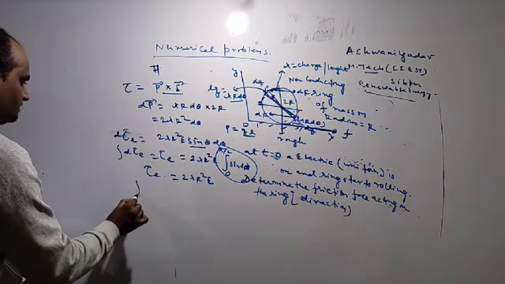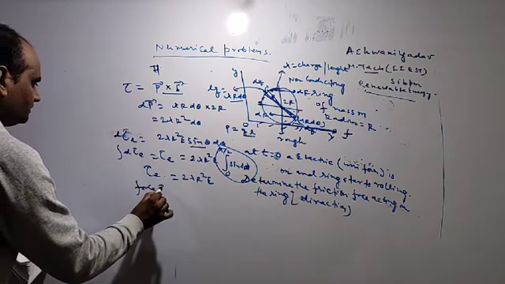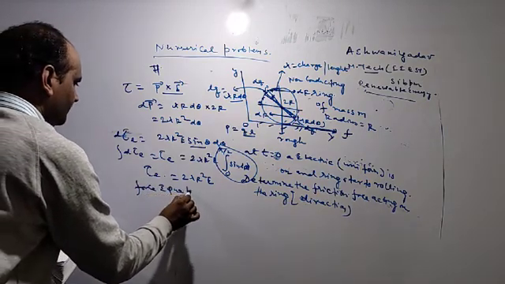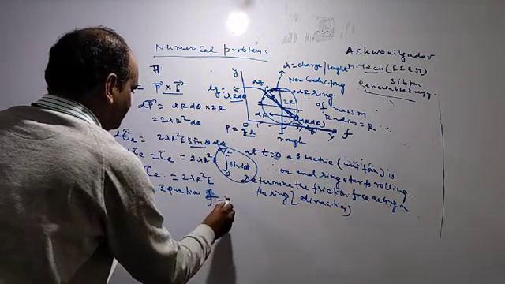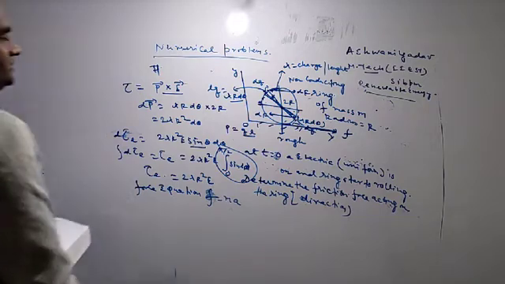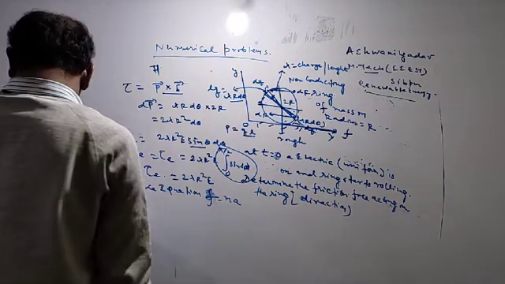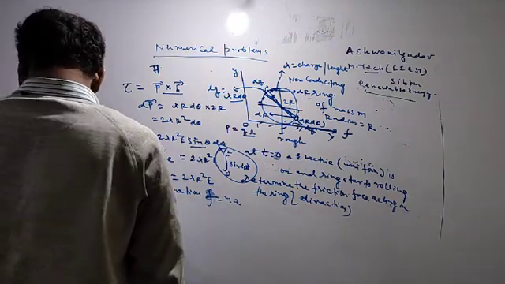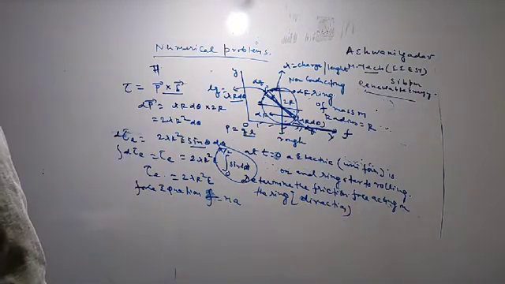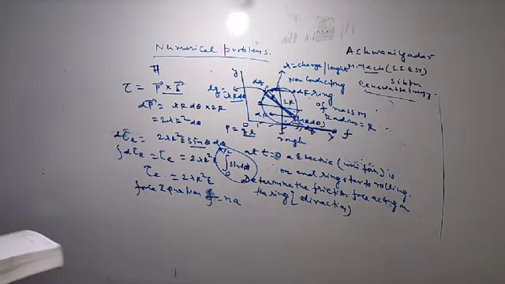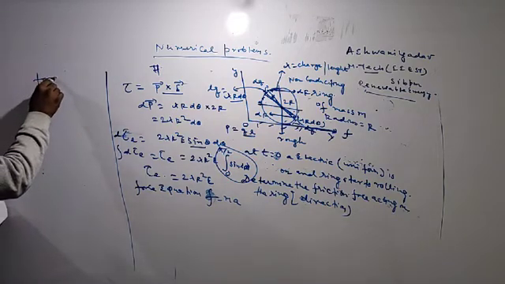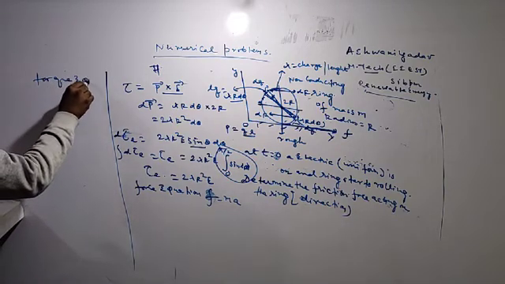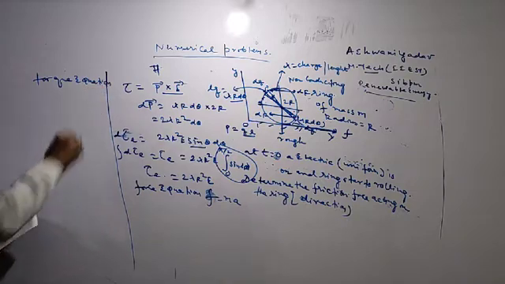Now use the force equation. Force equation: F, this is friction force, is nothing but m into A. A is the acceleration of center of mass. This is the force equation. Now you can use the torque equation.